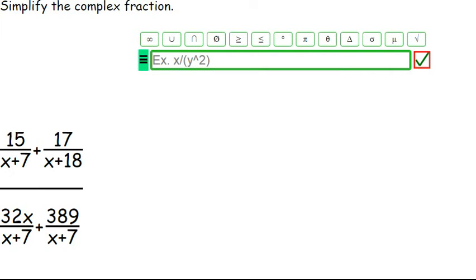So we have 15 over x plus 7 plus 17 over x plus 18, and that's all over 32x over x plus 7 plus 389 over x plus 7.